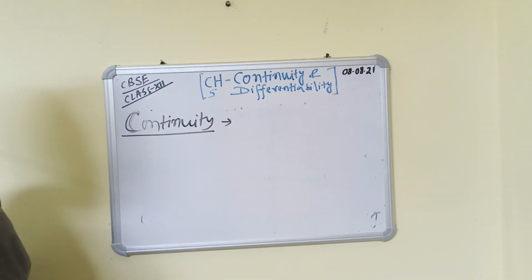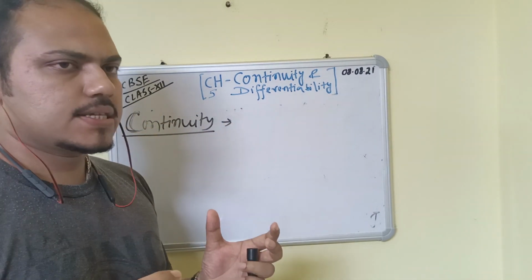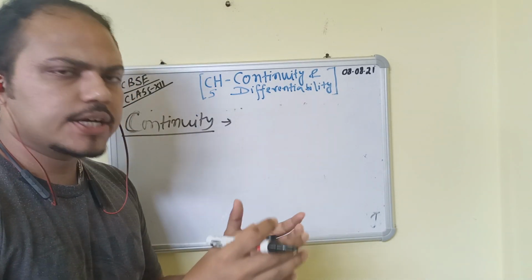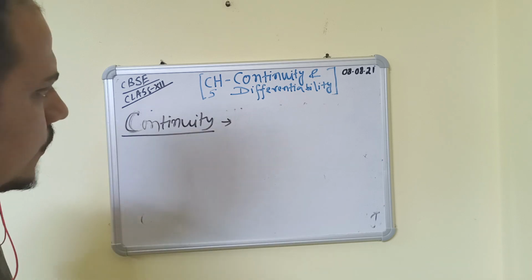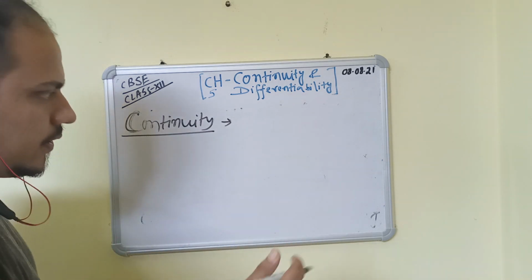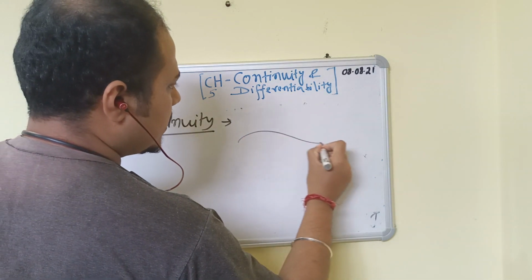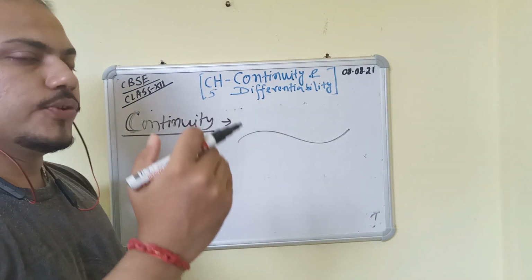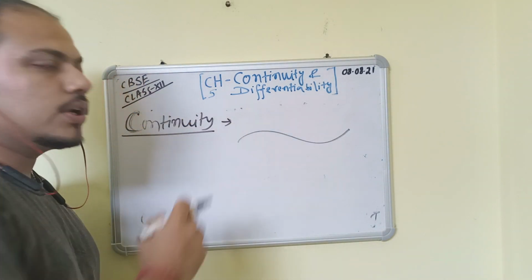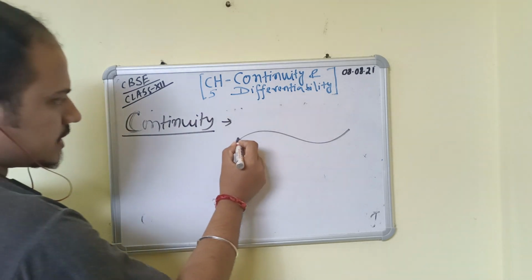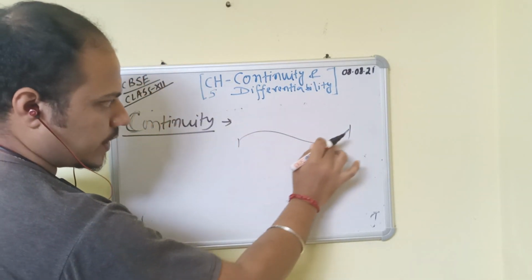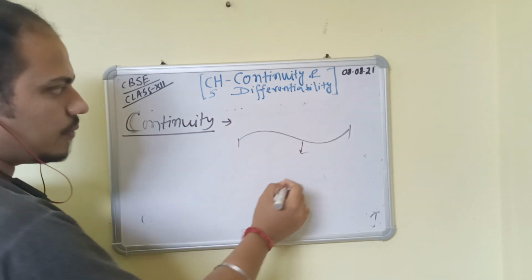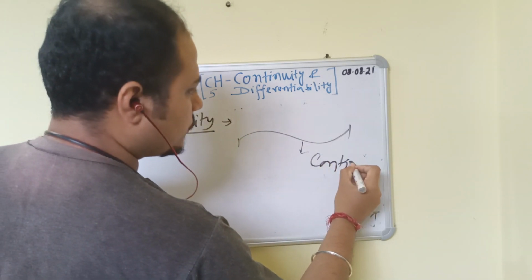Continuity is obviously related to a function. If we draw a curve without lifting the pen, obviously it is continuous; we can draw it in a continuous way. This type of function or curve we call a continuous function.